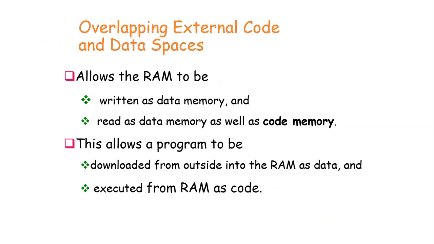So that means when we store the code in the RAM, whenever we dump the code from the external code, the downloaded data is available in the RAM, and we can execute that program from the RAM itself.